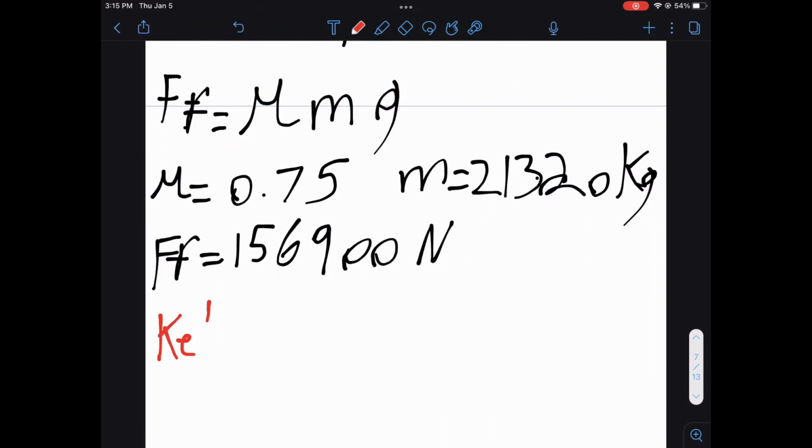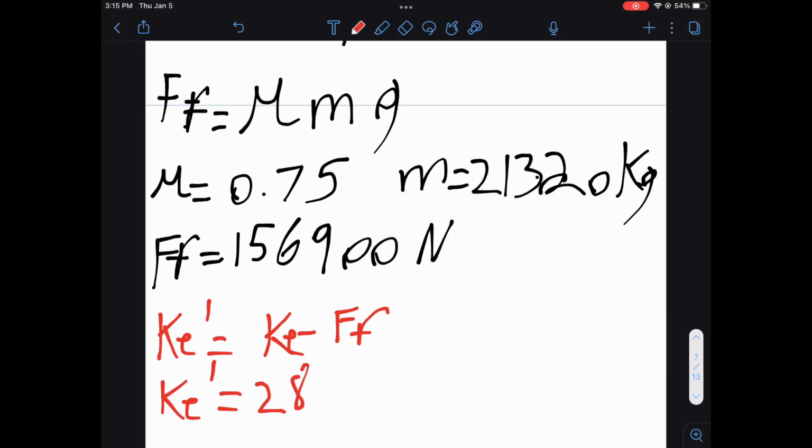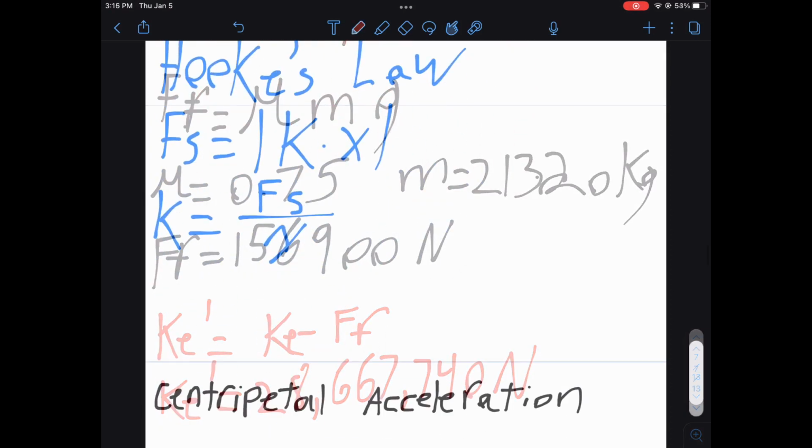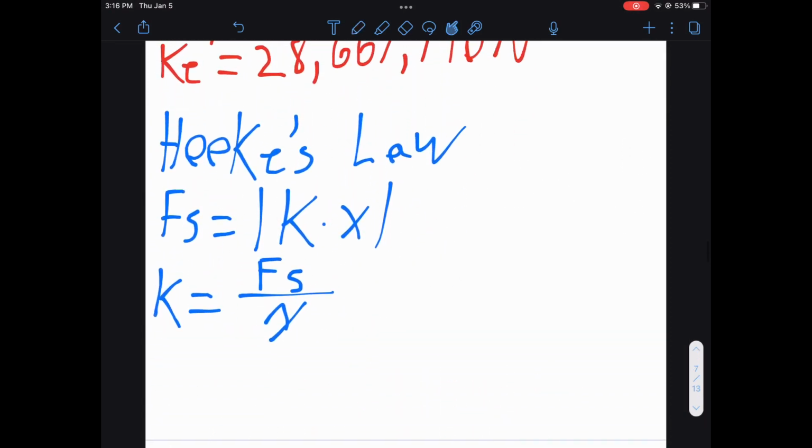Also, the force of friction as the coefficient of friction between asphalt and tires is 0.75. With this, I am able to find the kinetic energy prime, which I'm able to input into the Hooke's law equation to find the k value of the arresting wire to stop the aircraft on the landing strip. So this scene is definitely possible as it is practiced in real life.